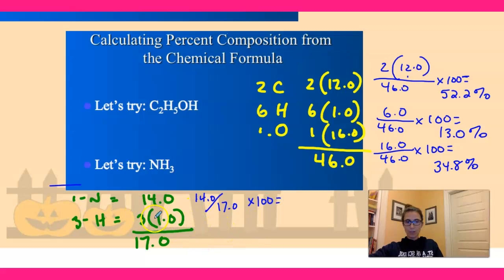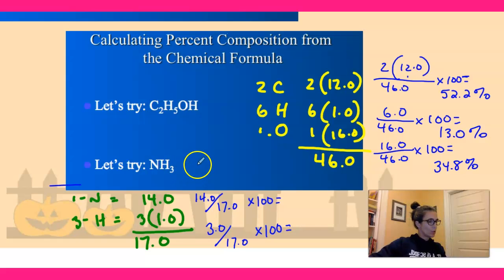And for my hydrogen, I'm going to do 3 times 1, which is 3.0, divided by 17.0 times 100. Let's see what those come out to be. 14 divided by 17 times 100, rounded to 1 decimal place, I get 82.4%.